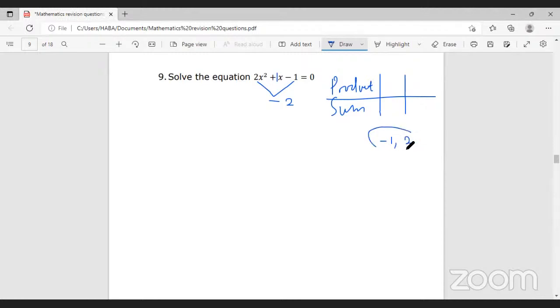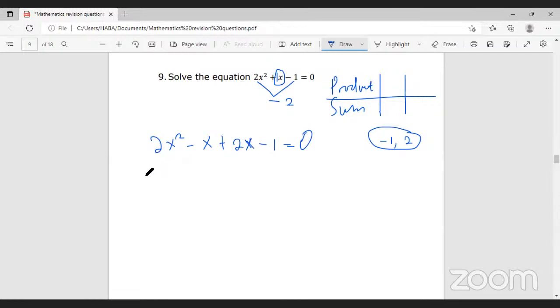So after getting these numbers, we come and substitute them where? There, where we have the 1x. So we're going to substitute the 1x with the negative 1 and 2. Is that understood? Yes, teacher. So we shall say this would be 2x squared minus x plus 2x minus 1 is equal to 0.